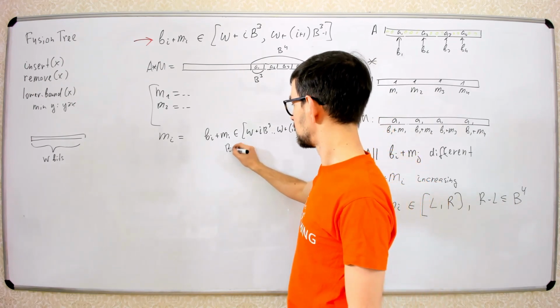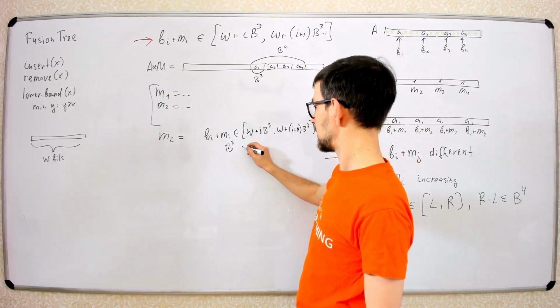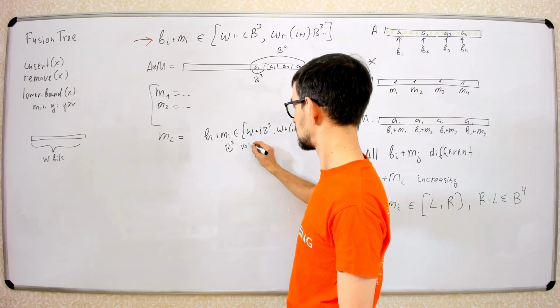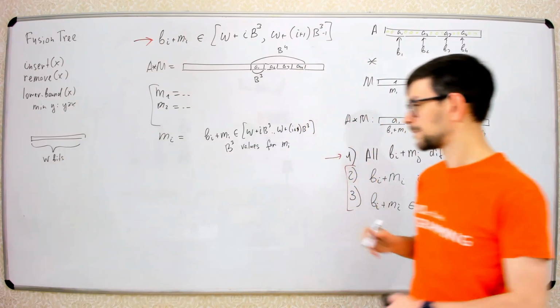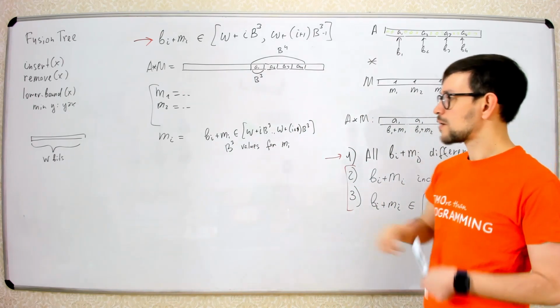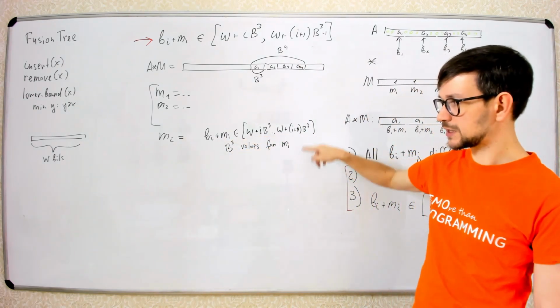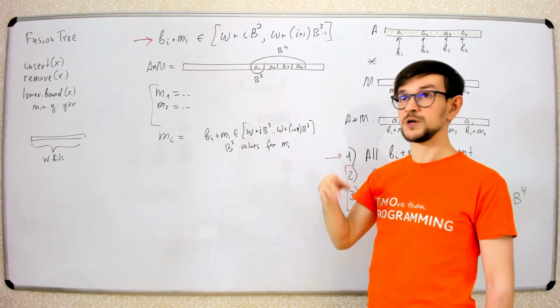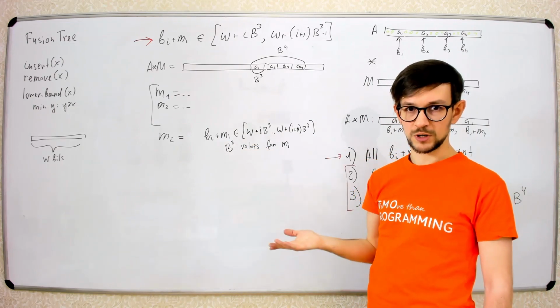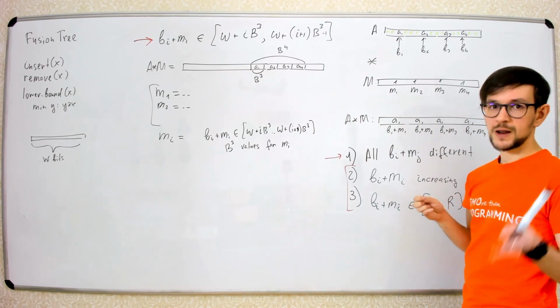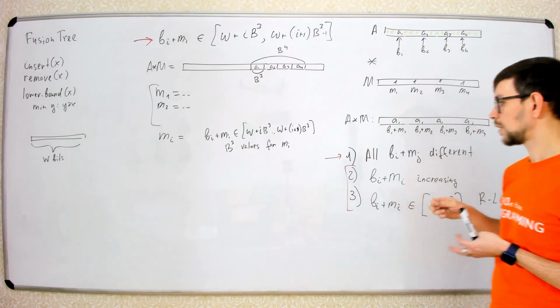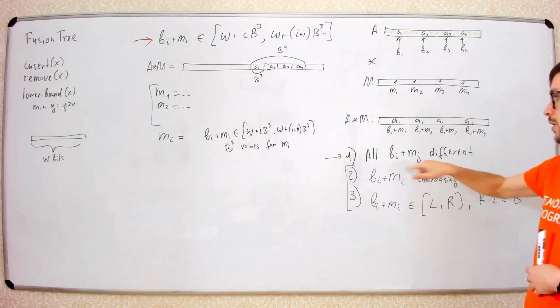So there are B cubed possible values. So if I want this sum to be inside this segment, I have B cubed possible values of m, right? Now, some of these values cannot be used because they will not satisfy this constraint.